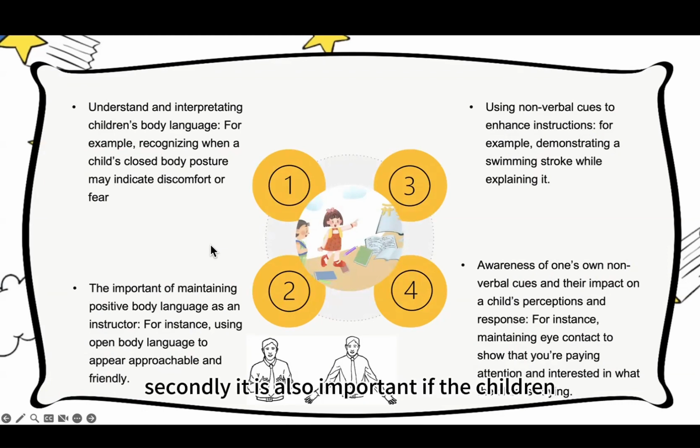Secondly, it is also important for the teacher to maintain positive body language during coaching time. For example, using open body language to show that you are approachable and friendly, so that children can approach you. Have an open posture, maintain good eye contact, smile, or like the picture shown in the guide, hands facing up, presenting welcome.